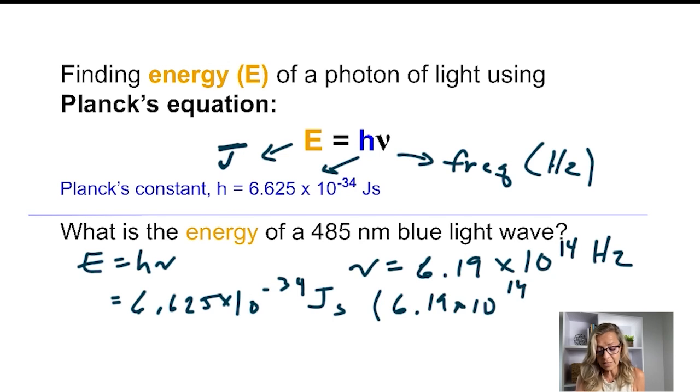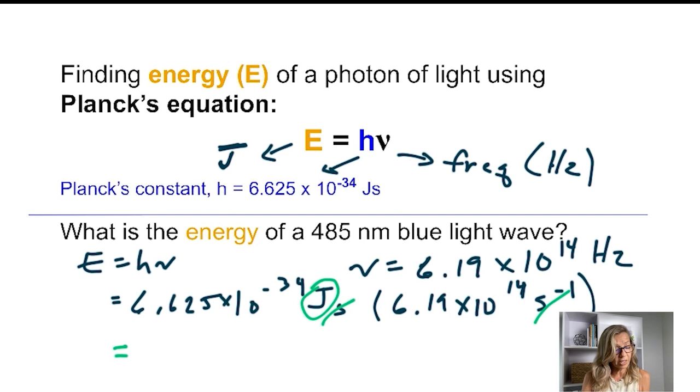Now a hertz is nothing more than a per second, so I will say seconds to the minus 1, if that makes sense. When we multiply seconds on the bottom, seconds on the top, we'll be left with joules. So energy in joules is 4.10 × 10⁻¹⁹ joules.